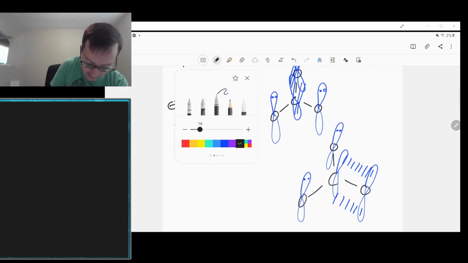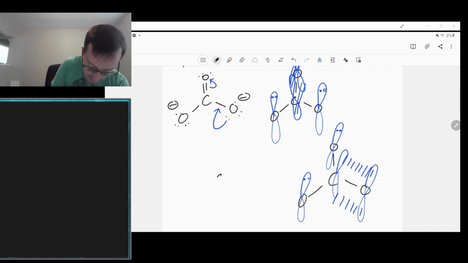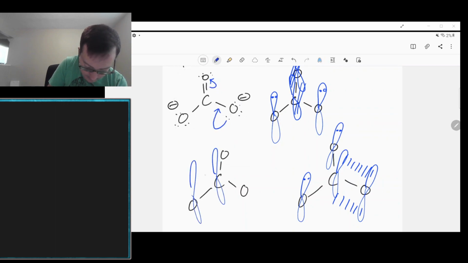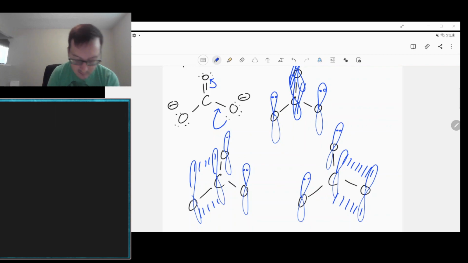We can form the double bond on the left side. So let's draw the orbitals. And this time now we have our pi bond forming there, and we've got our lone pairs on the oxygens in those orbitals. So we see that there's motion between these.